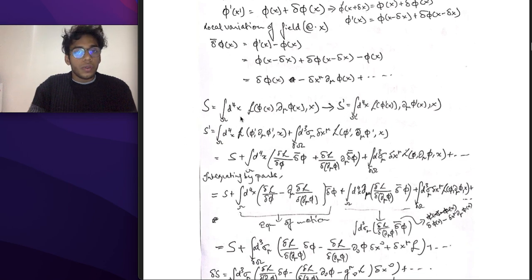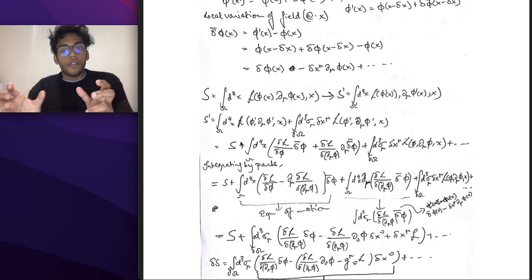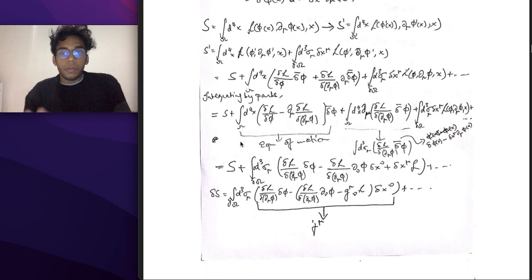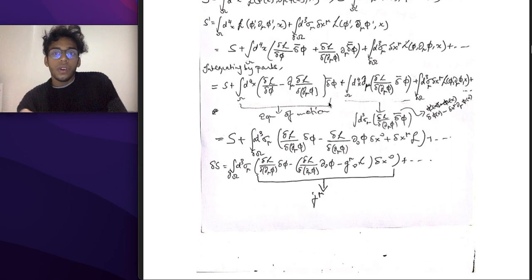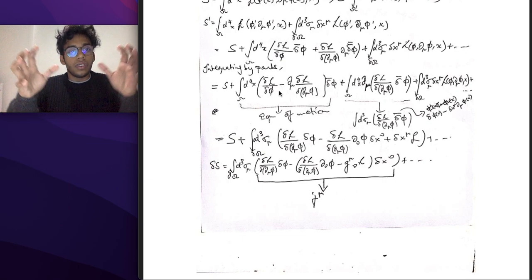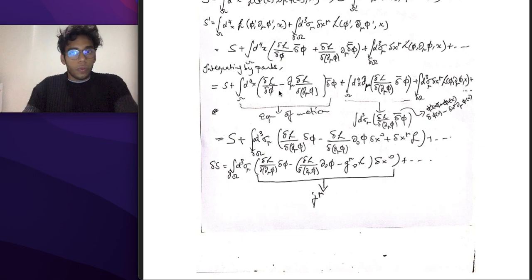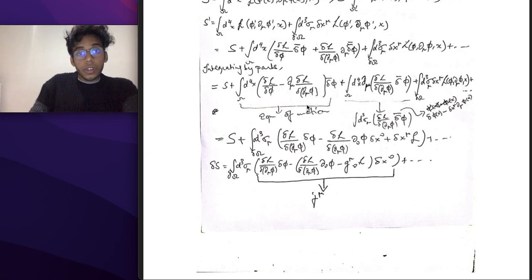Now you take the original action, and then the new modified action is given by your original action plus some sort of variation, and computing this variation gives you two terms. The first term is your general term in the full volume, that is your Euler Lagrange equation.